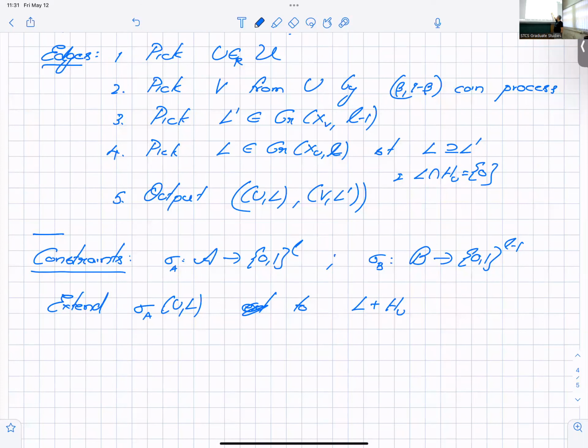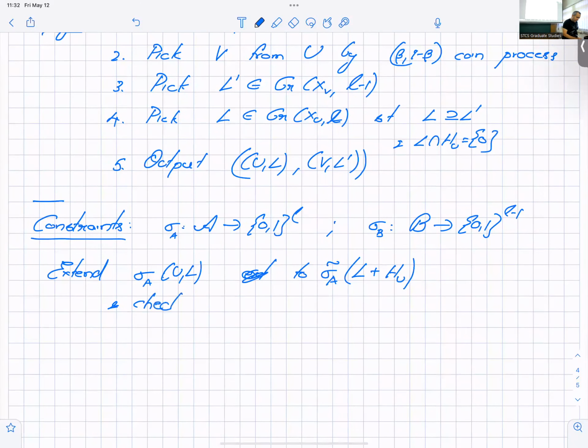Now, L prime is sitting over here. You check that L prime carries the same linear function, that it is the restriction of this linear function to L prime. So let's call this sigma A tilde, which is a linear function of this, and check that sigma A tilde of L plus HU, when restricted to L prime, is actually sigma B of V comma L prime. Okay. That's the test.